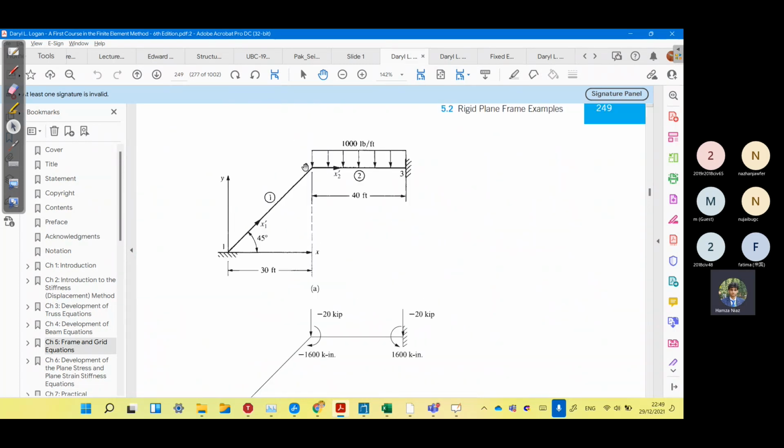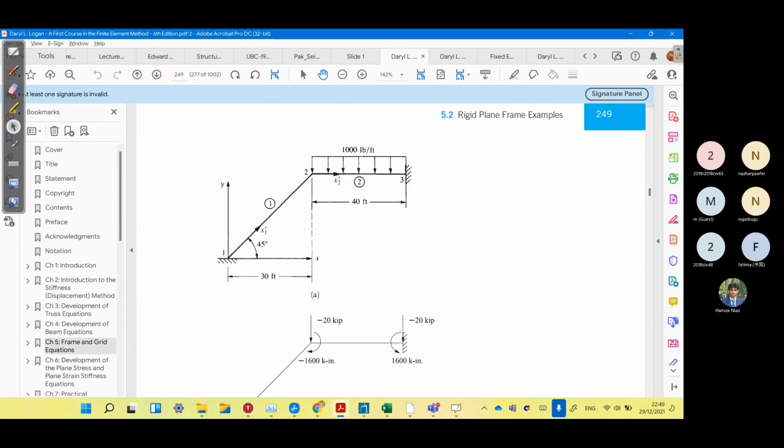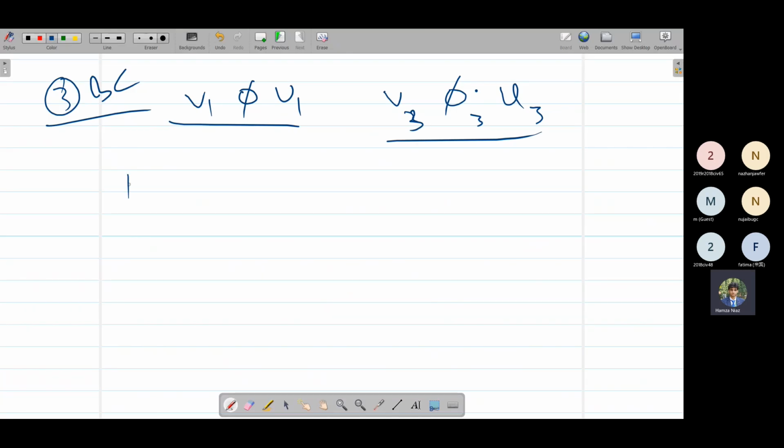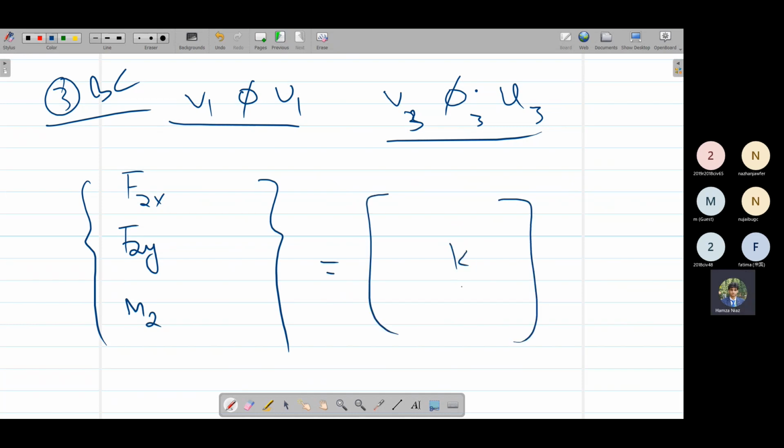For U2 we need F2x, for V2 we need F2y, and for Phi2 we need M2. So these are our unknowns, times this reduced stiffness matrix. These are 3 unknowns. So what is the value of F2x, F2y and M2?